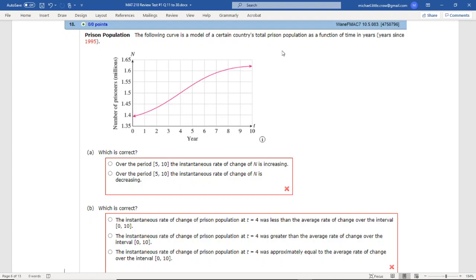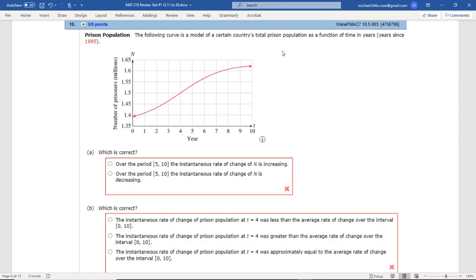The following curve is a model of a certain country's total prison population as a function of t years, so it's increasing, which is correct. Over the period 5 to 10 years, the instantaneous rate of change of n is decreasing.